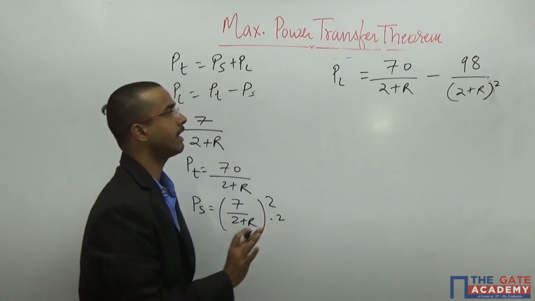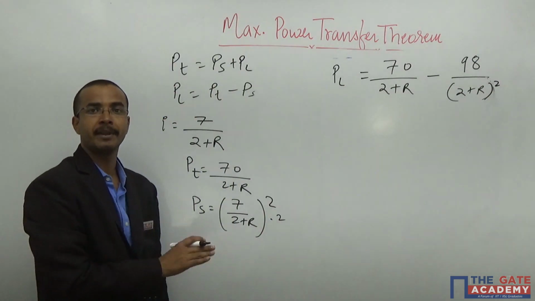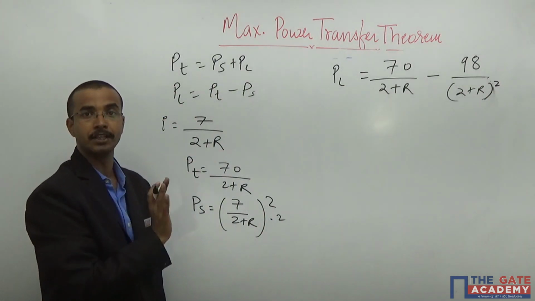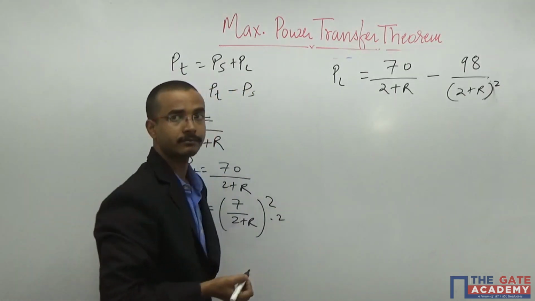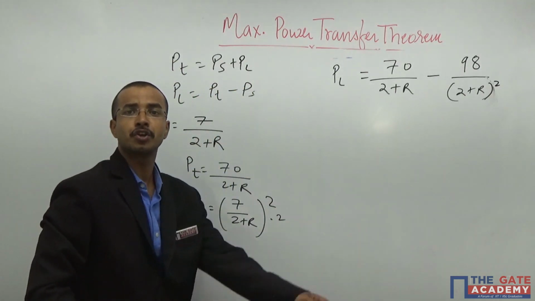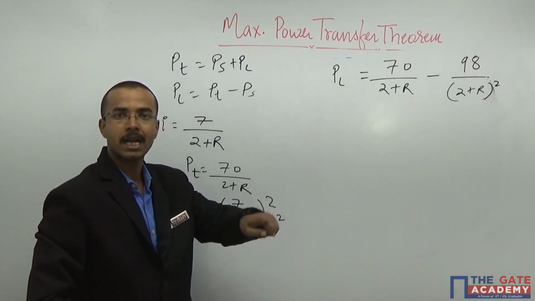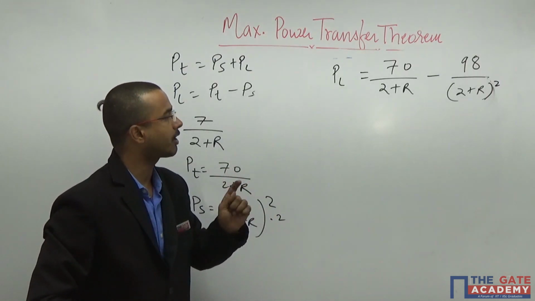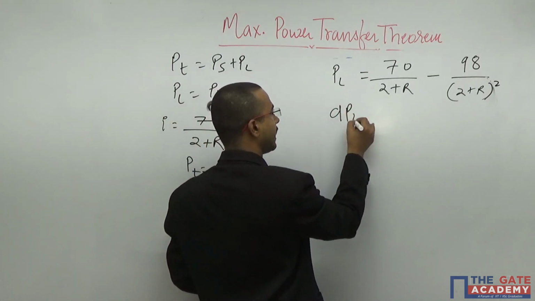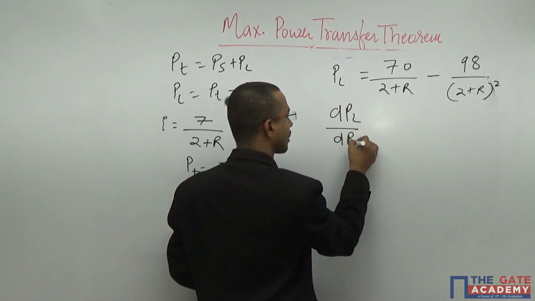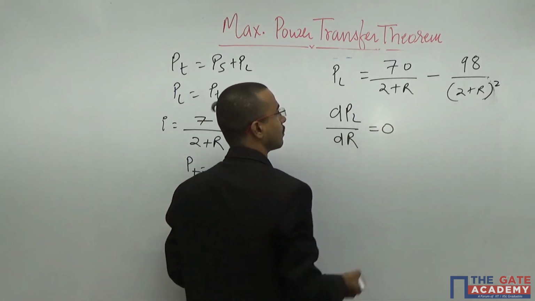What is the power in my load circuit, the entire combination of that particular R and voltage source? Across them, this will be the value of the power. And they are asking, what should be the value of R? That means my independent variable is R, whose value I can change. That means again I will do dPL divided by dR is equal to 0.